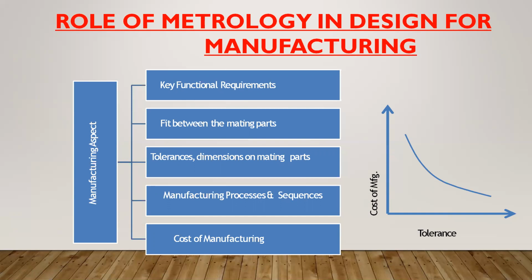Third one is the tolerances and dimensions on mating parts. What kind of tolerance is on the basic size, and what are the dimensions of the mating parts? These all come under the third section. And fourth section, manufacturing processes and sequences.